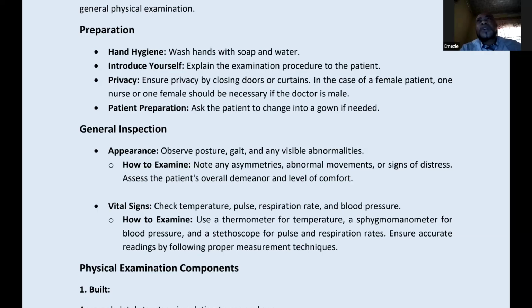We're not going to talk about percussion in detail because it will be used in other examinations, but percussion simply means we place the palm of our left hand on the patient's body, especially the chest. It's usually done in pulmonary or chest examination.